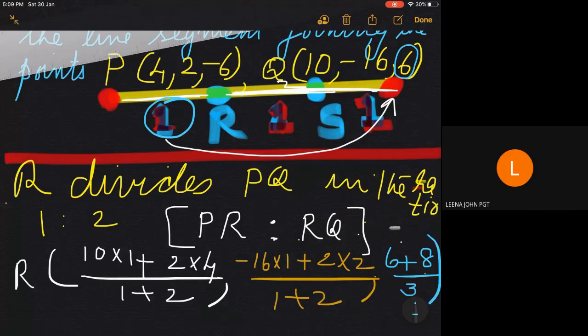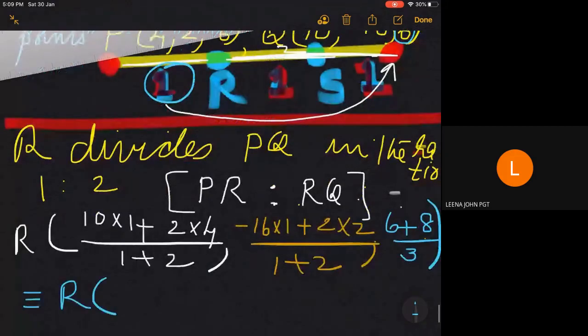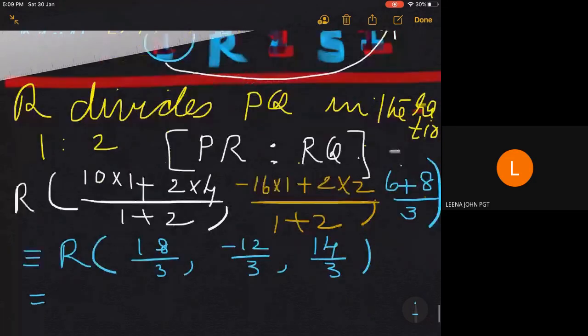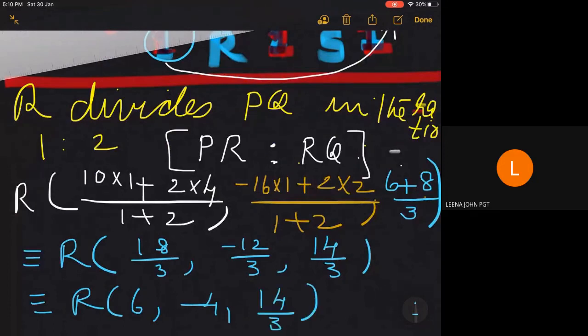So we will get the coordinates of R as 18 by 3. Here 4 minus 16, that is minus 12 by 3, and 14 by 3. So you can cancel it and you will get this as 6, minus 4, 14 by 3.